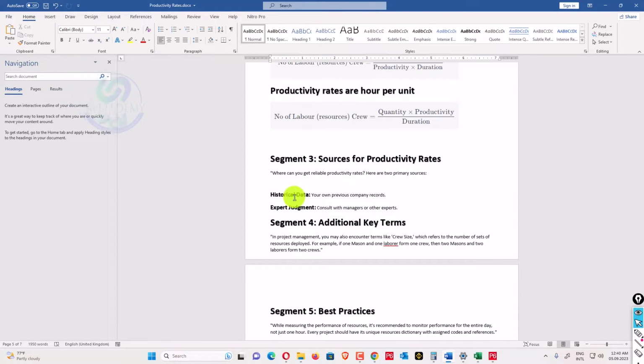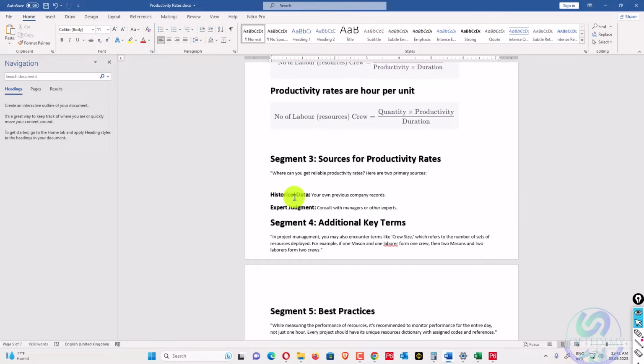So what is expert judgment? Expert judgment and expert experience. You may have a project manager on site, maybe a project control manager, maybe you are the project control manager, because sometimes people who are hired as a project manager or project control manager do not have a good idea about productivity rates. So they can call a meeting.